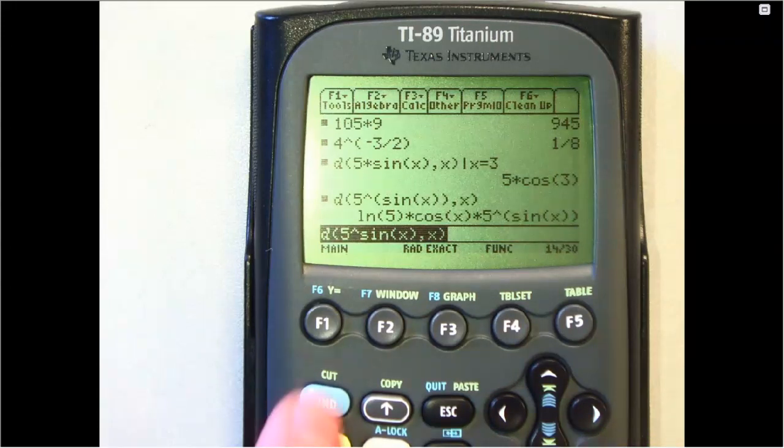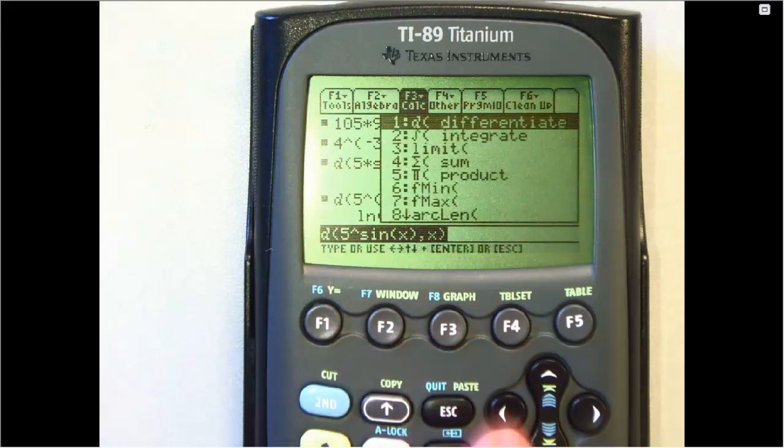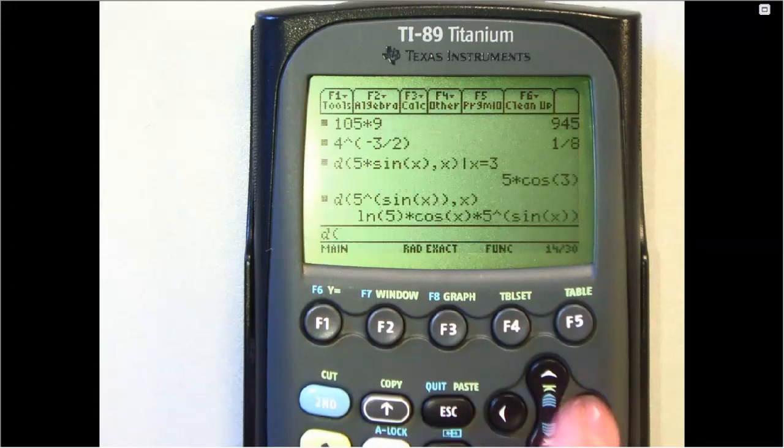But you could also do the derivative at a point, which I think is where they're going on this one. So the derivative will be 5 to the sine of x, x, and then you put the vertical bar, which is right next to the 7. Put the extra parenthesis.